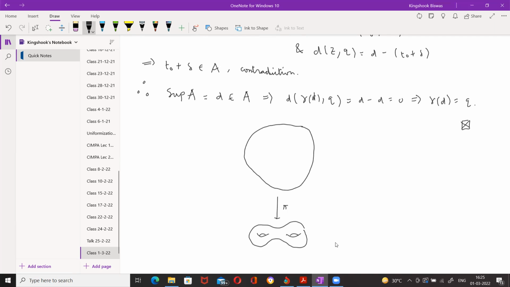So this is, say, X bar, and X is the universal cover. So X is a negatively curved Riemannian manifold.